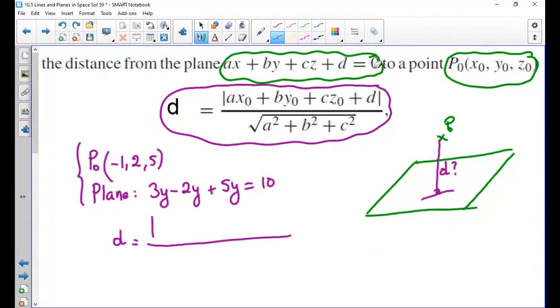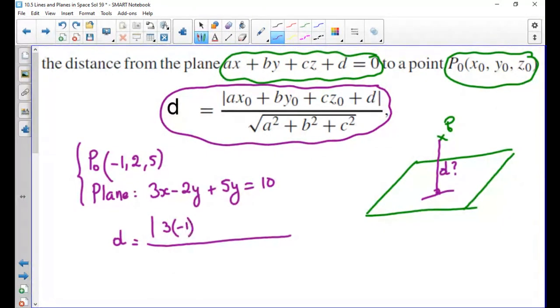So here, what we are going to do then is 3 times, sorry, I made a mistake here. So this is x.